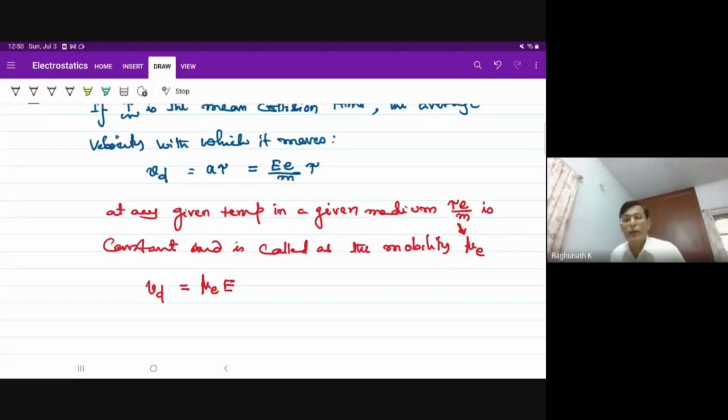If we increase the temperature of the conductor, the electron makes more number of collisions per second, because of which mean collision time will decrease. If mean collision time decreases, mobility will decrease, because of which the average drift velocity will decrease, because of which the current through the conductor will decrease.